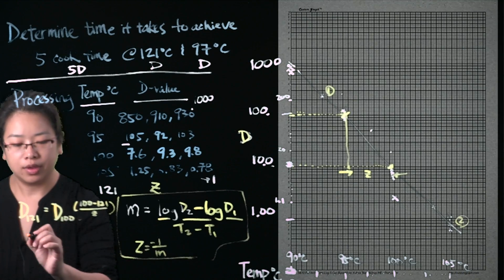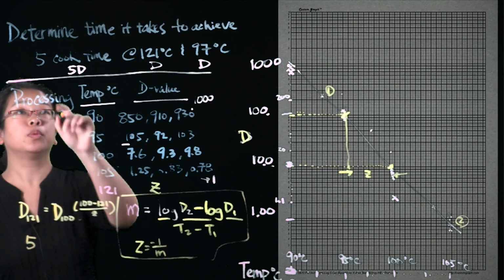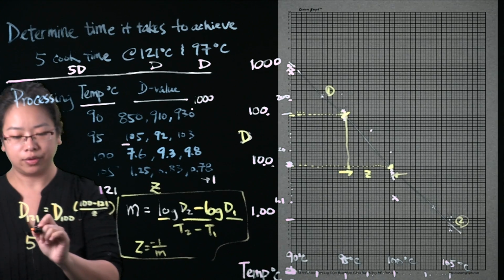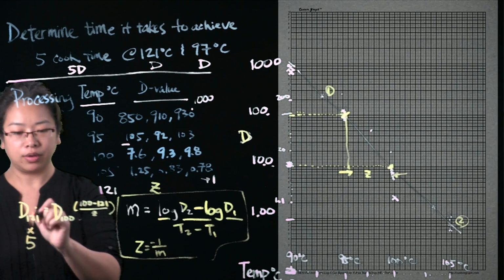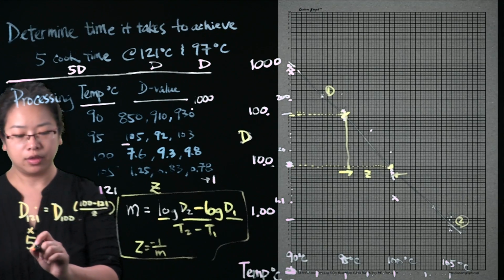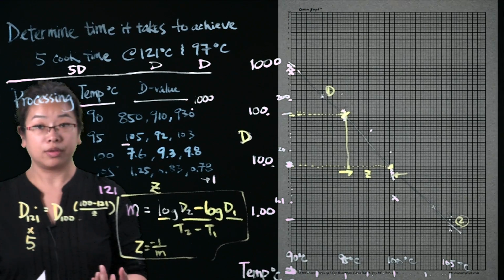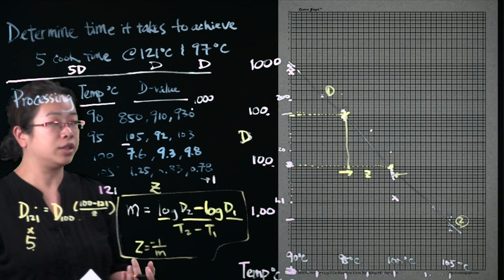Then we can find the D value at 121. After that, because we want to achieve a 5 log cycle, it will be the D value at 121 times 5. That would be the time it takes to process the food at 121, our ideal temperature.